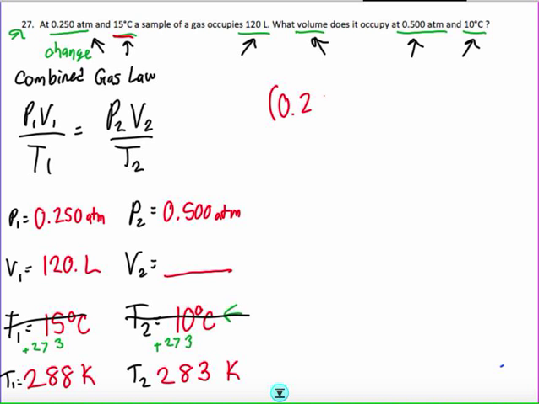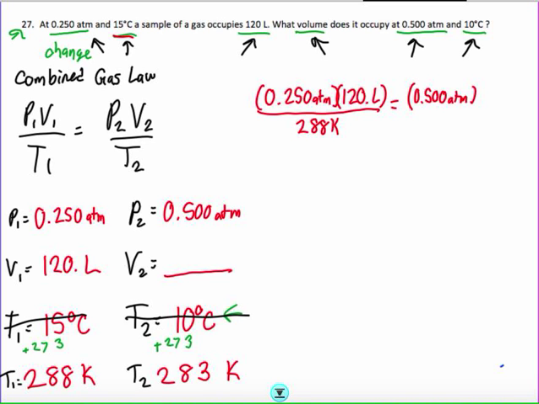P1, 0.250 atmospheres, times V1, 120 liters, over T1, 288 Kelvin, equals P2, 0.500 atmospheres, times V2, over 283 K.